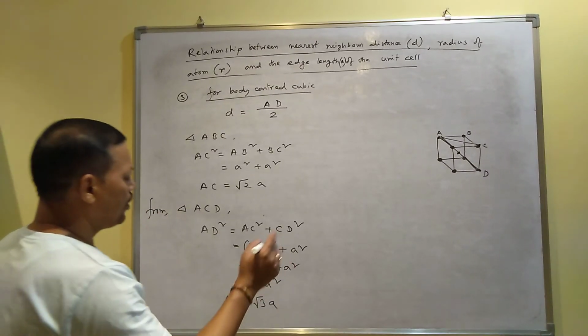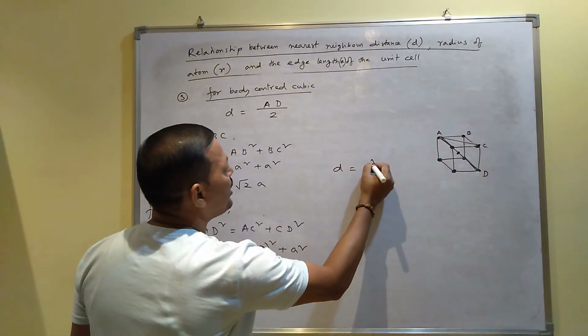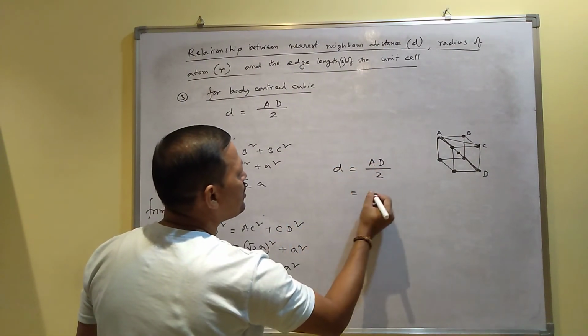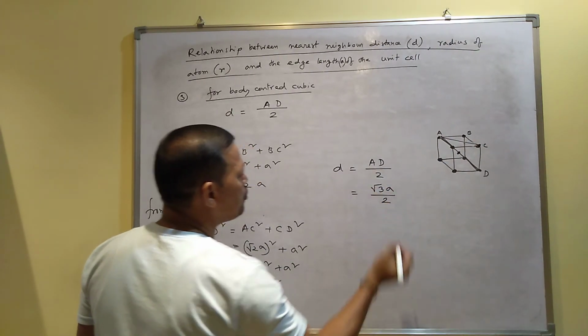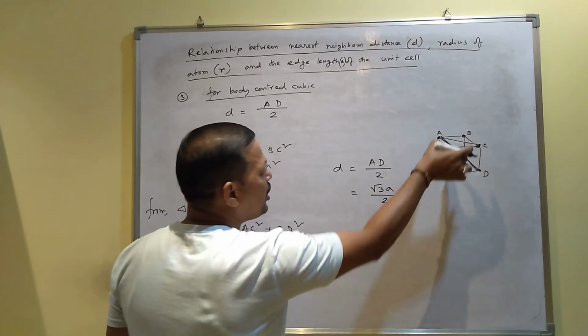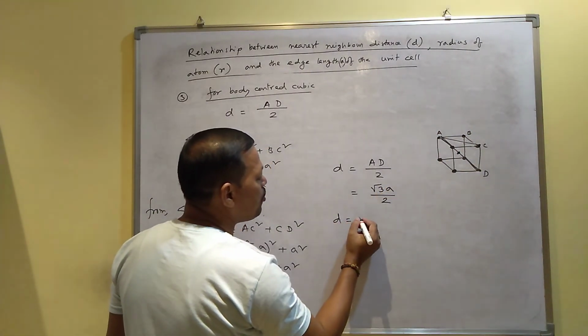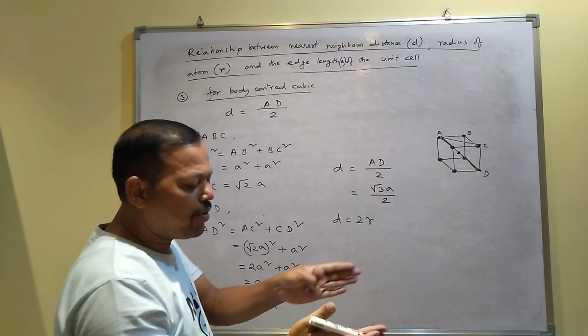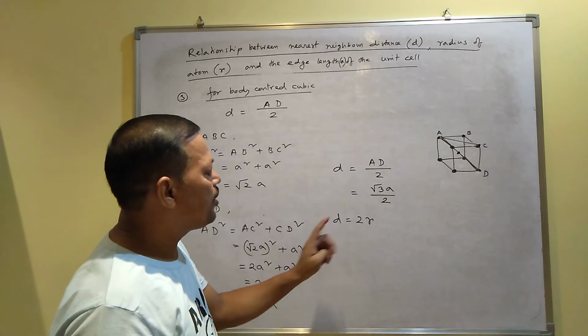Now AD is root 3 A, so D is equal to AD by 2, that means root 3 A by 2. Again, the nearest neighbor distance is always equal to twice R. When you consider 2 radii between 2 closest particles, that is called the nearest neighbor distance.